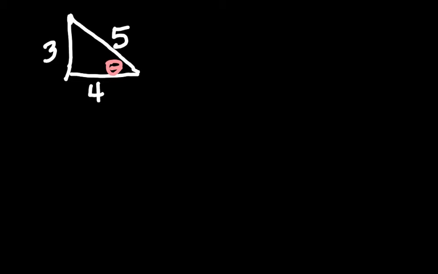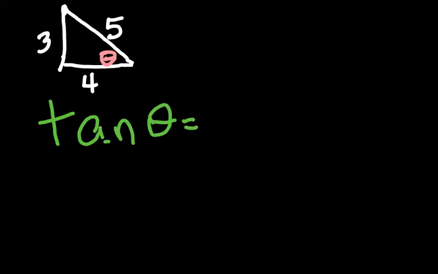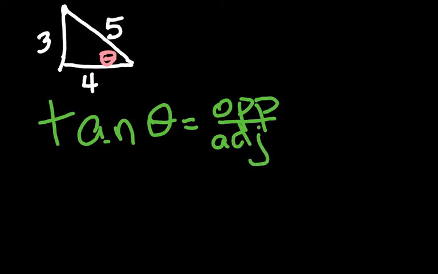Okay, so this time what we're doing is we're trying to figure out what is the tangent. So the tangent of theta is the same thing as the opposite over the adjacent. So hopefully this is getting a little bit familiar by now. And so if we're looking at theta, the opposite goes straight ahead.